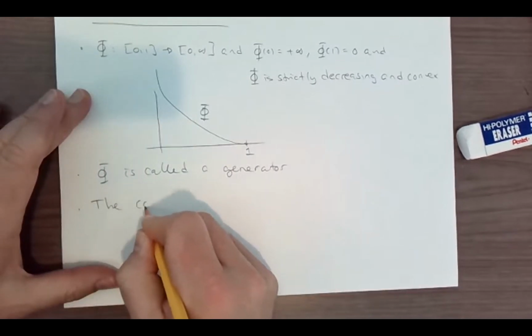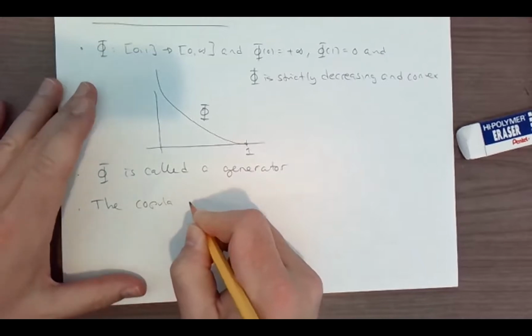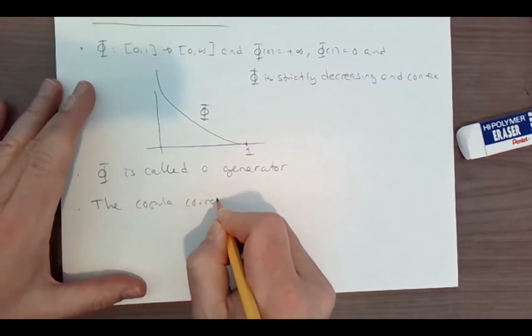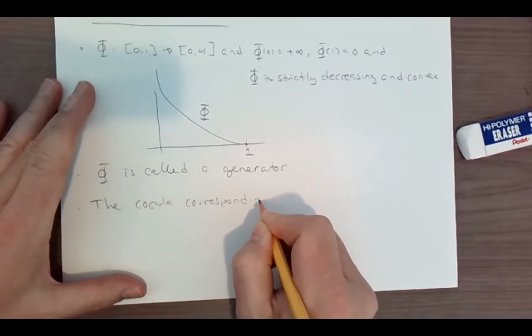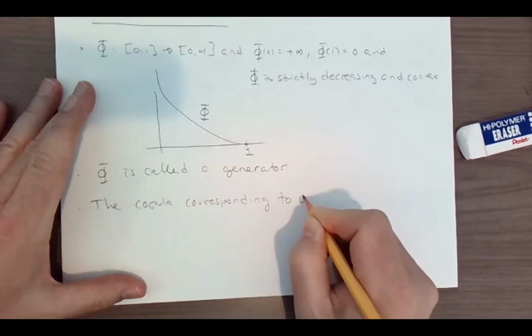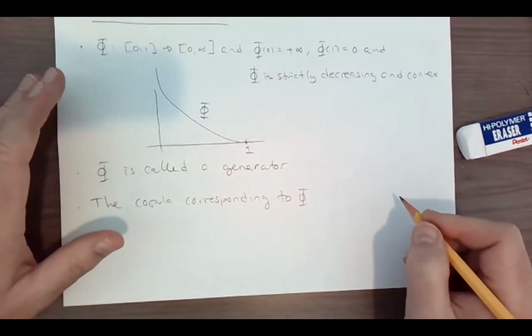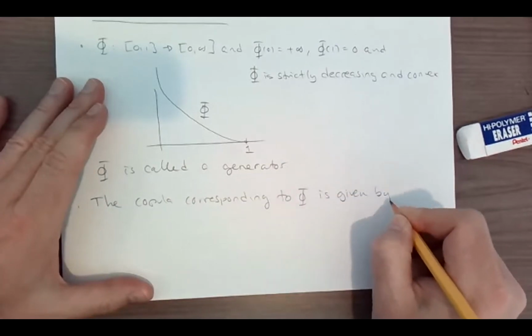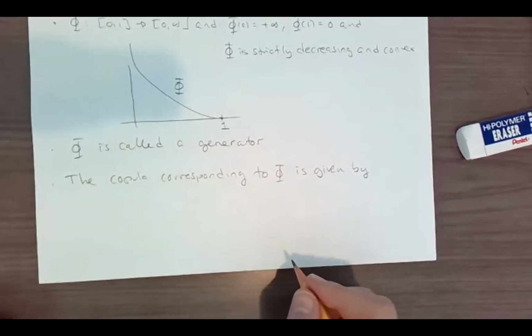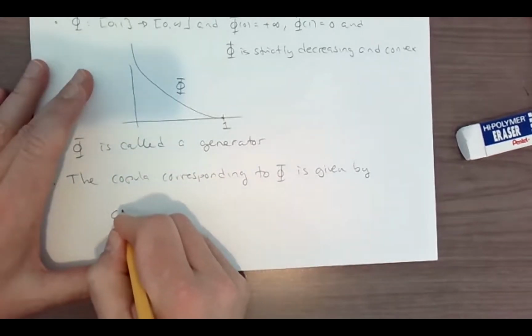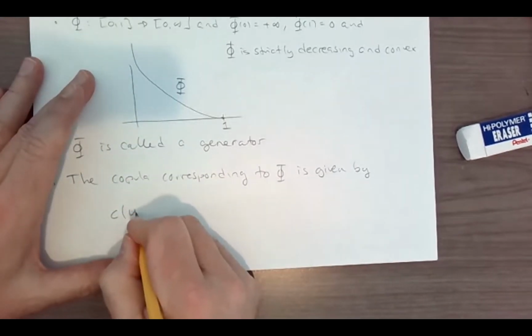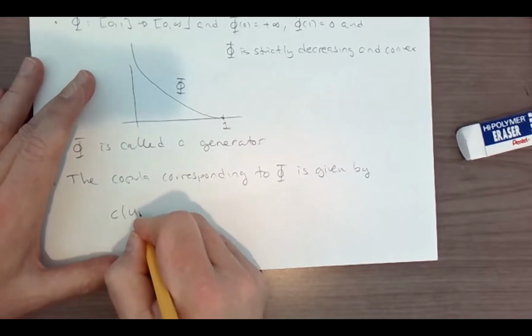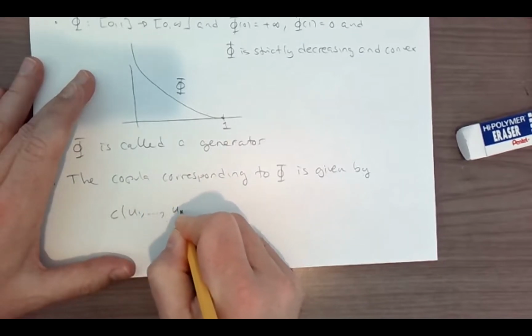The copula corresponding to phi is given by a formula. This is my distribution function with uniform marginals. This is u1 up to ui.